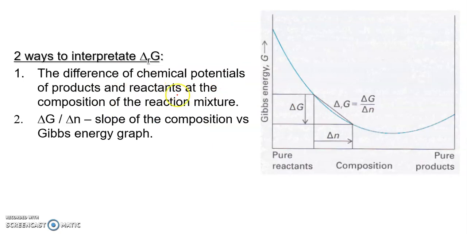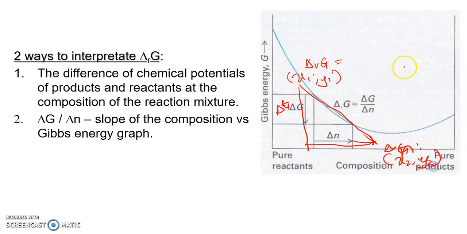If we plot it graphically, we will have this kind of graph. To find delta rG, we need to calculate the slope of the graph. If you still remember, if we have x1, y1 and x2, y2, to calculate the slope m we take y1 minus y2 over x1 minus x2.